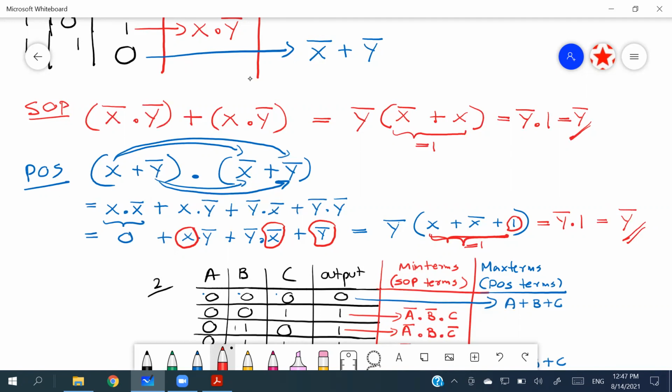The expressions can be different, because one is SOP and another one is a POS, but the final value it represents is going to be the same thing. So this is a very important point for you to understand. SOP and POS of the same truth table indicate the same value.